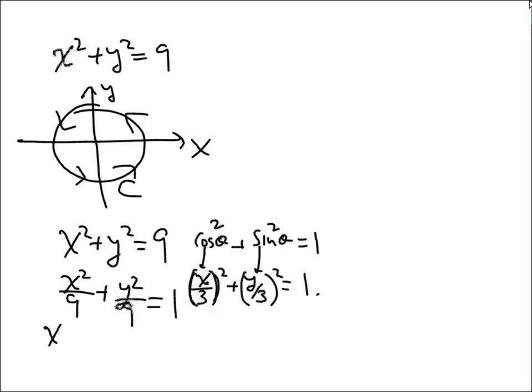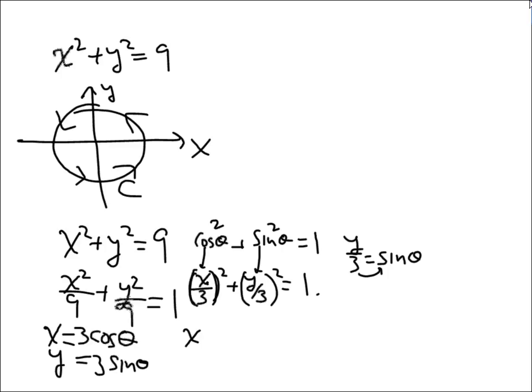Solving x over 3 equals cosine theta for x, we get x is 3 cosine theta. And if y over 3 is sine theta, then y must be 3 sine theta. And it works out.